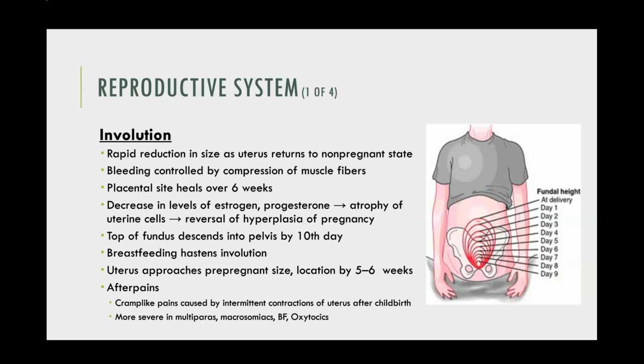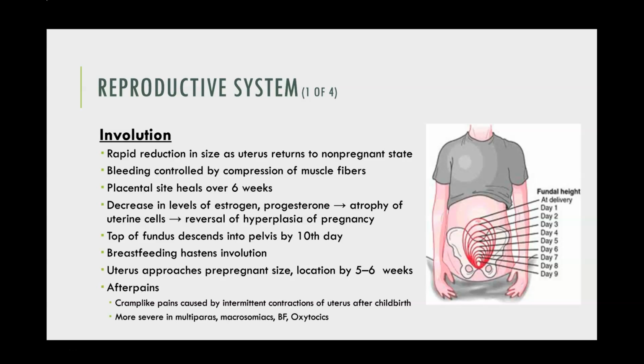The top of the fundus will descend into the mom's pelvis by about the 10th day post-delivery. And if you have a mom who's breastfeeding, that will actually quicken this process of involution. The uterus will approach its pre-pregnant size at around 5 to 6 weeks.